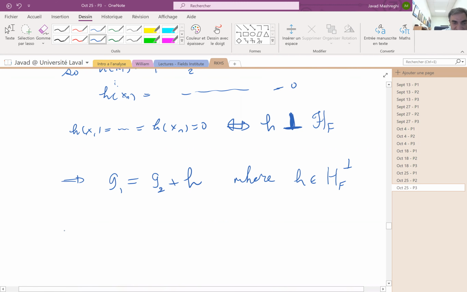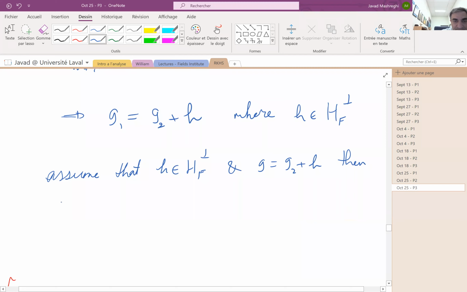So if you start with, assume that H is in HF perp, and you define G to be G2 plus H, then clearly G interpolates these points.